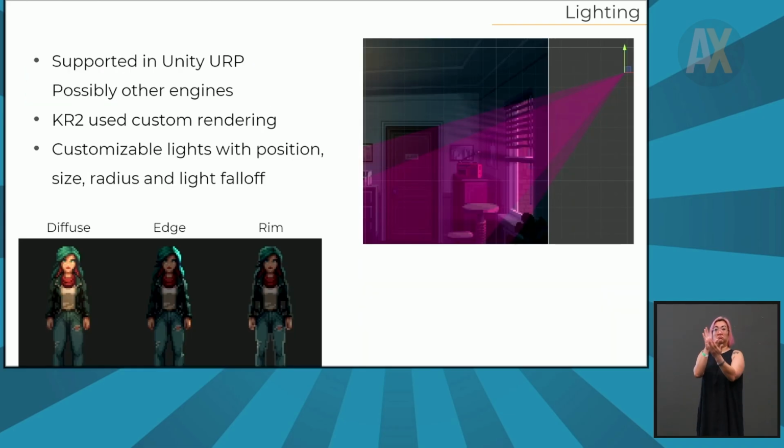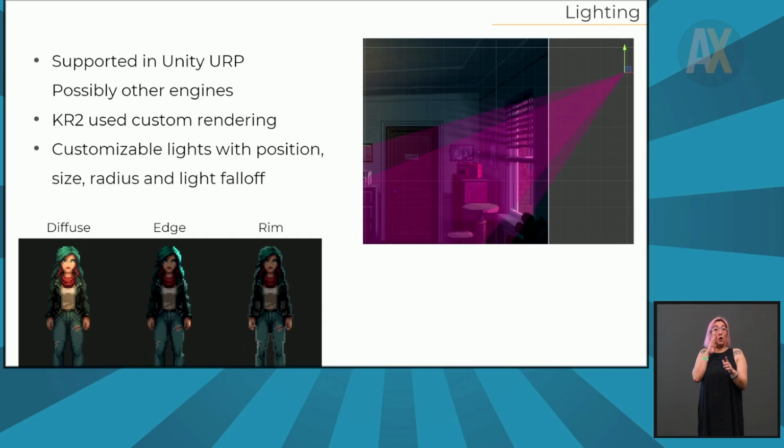Getting the game to render it is somewhat easy depending on what you're using. If you're, for example, using Unity's newer render pipeline called URP, it's supposed to work out of the box. I have not tried it, but supposedly, that's what I read.